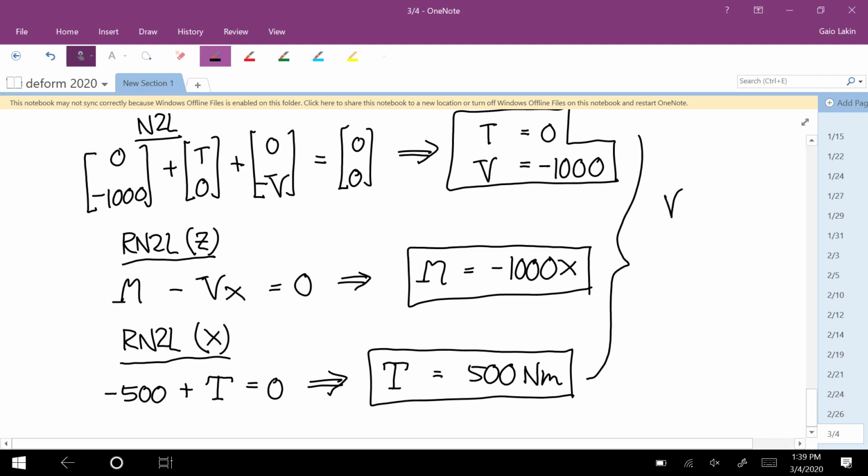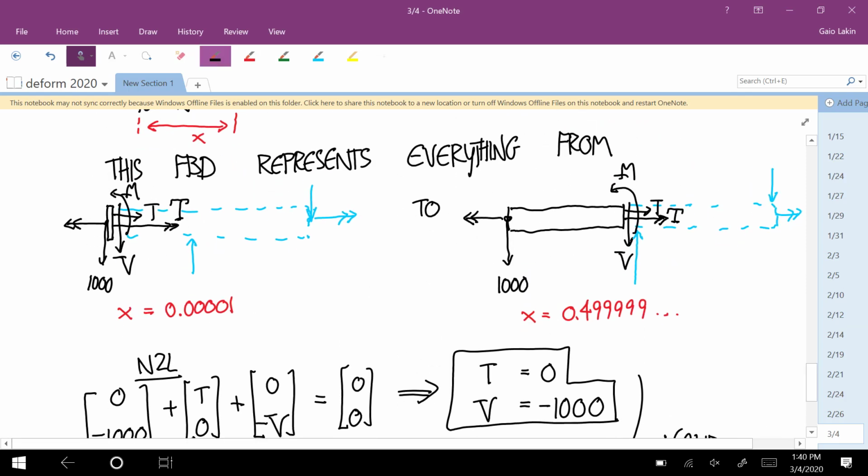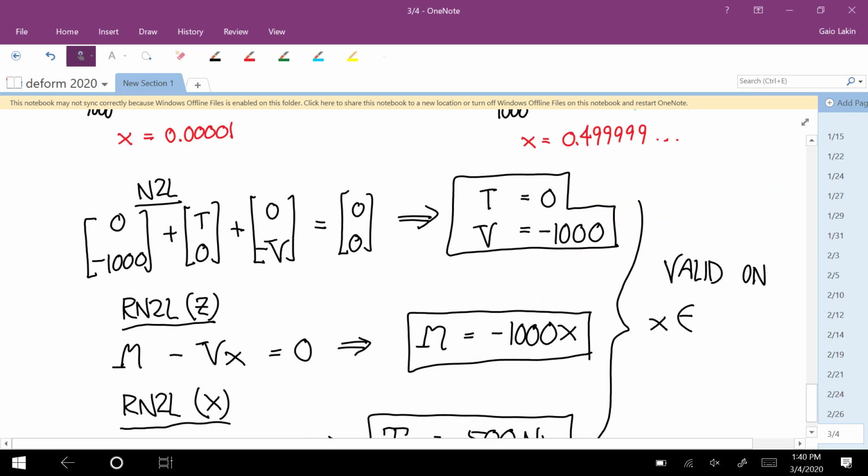So these are all valid on the interval x between this, which is basically 0, just a little bit to the right of 0, and this, which is basically 0.5, just a little bit to the left of 0.5. So these functions are valid for x between 0 and 0.5, not including the endpoints.